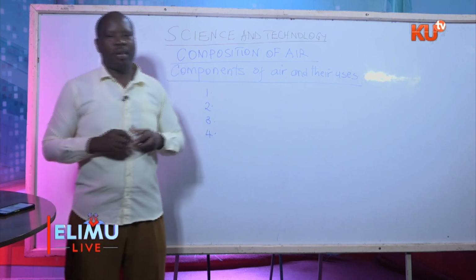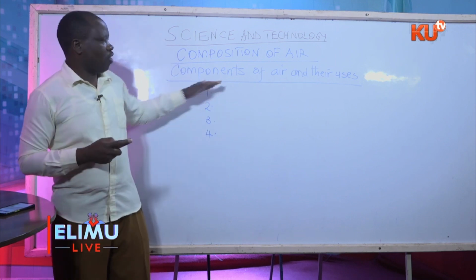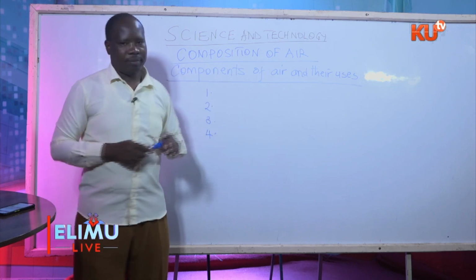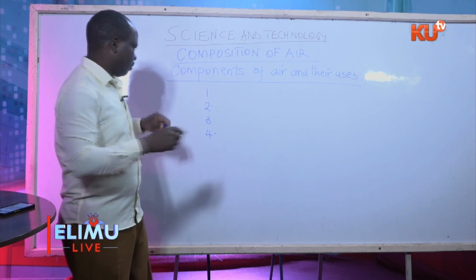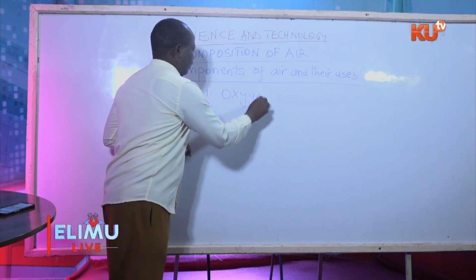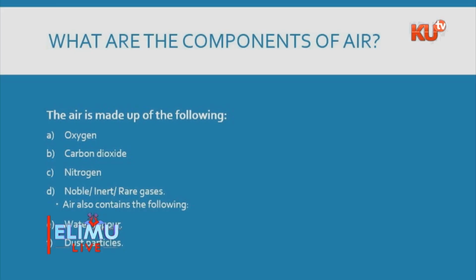We have the 4 main ones, the components of air, the things that make up air. The first one is oxygen. That is the first component of air.